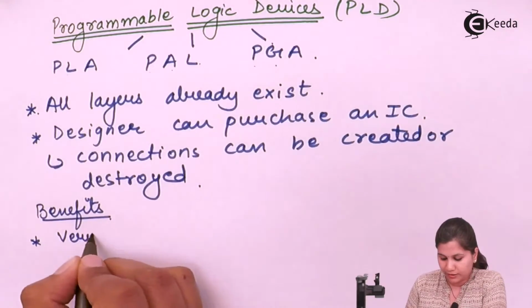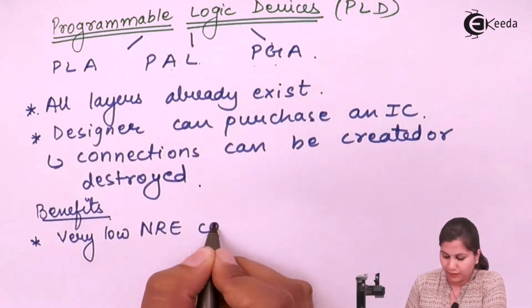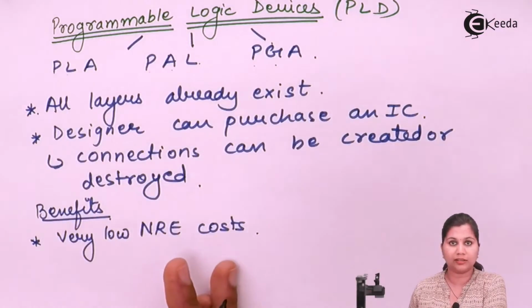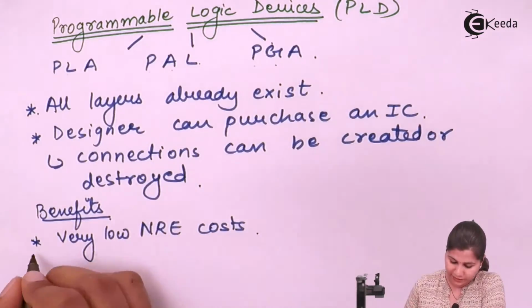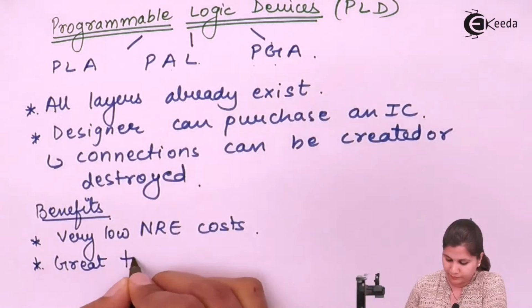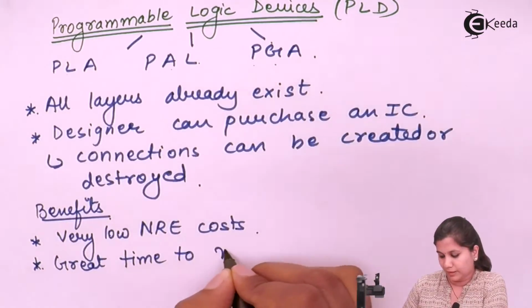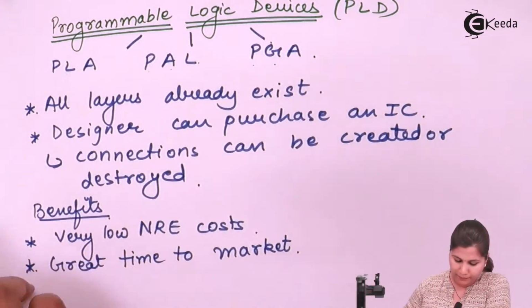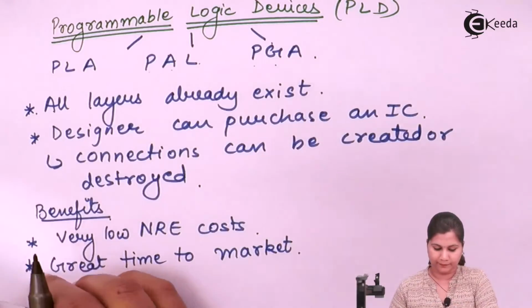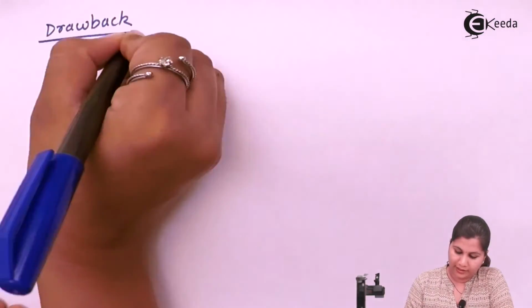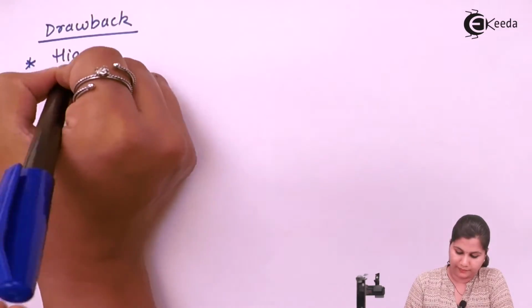Now the benefits are very low NRE cost, which we have seen was the drawback in the earlier technologies. This has become an advantage in programmable logic devices: it has very low NRE cost and great time to market, meaning very little time is taken to develop these types of ICs. But the drawback is that they have a very high unit cost.